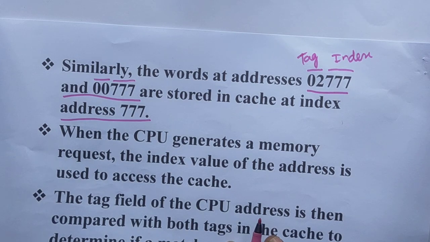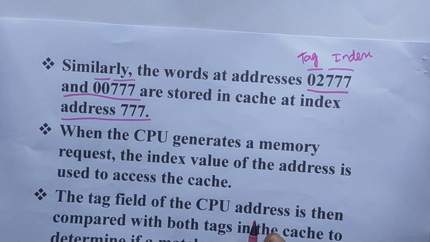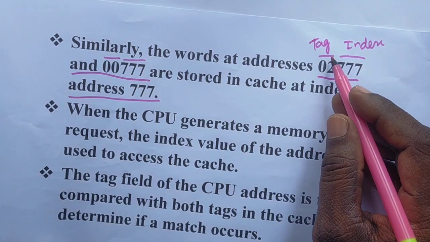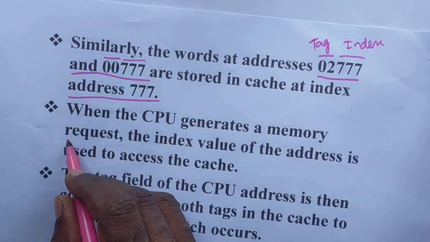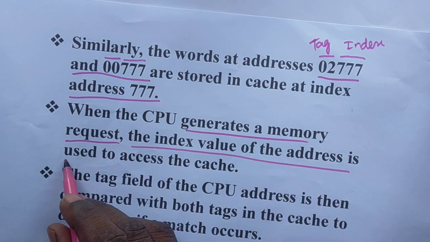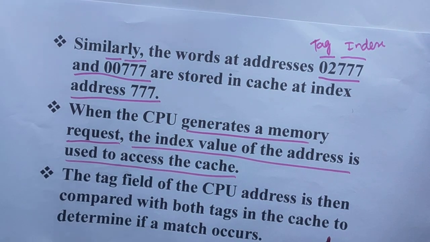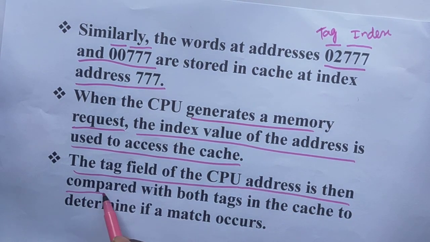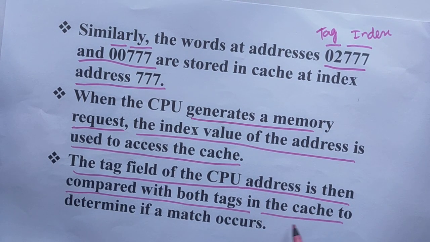When a CPU generates a memory request, the index value of the address is used to access the cache. So there is no need to use the tag at first. The tag field of the CPU address is then compared with both tags in the cache to determine whether a match occurs or not.